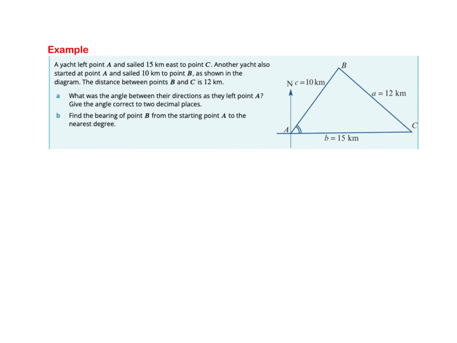All right, so this next one, we're just putting words in it. It's still the same. A yacht left at point A and sailed 15 kilometres east to point C. So remember what they're doing here. You are starting at this point A. If you remember back to our compass bearings, here's like the compass, that dotted compass.